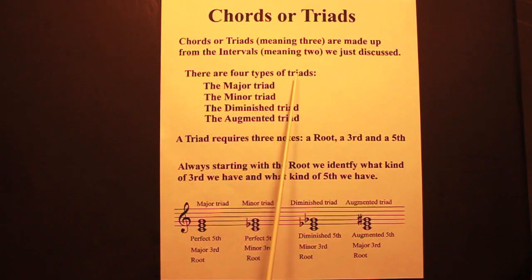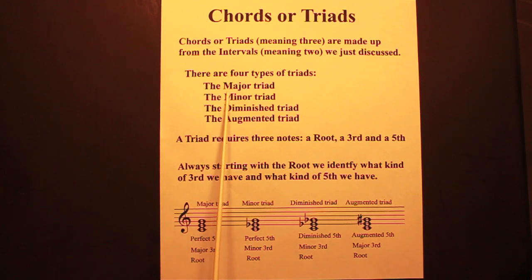There are 4 types of triads: the major, the minor, the diminished, and the augmented. A triad requires 3 notes: a root, a third, and a fifth. Always starting with the root, we identify what kind of third we have and what kind of fifth we have.